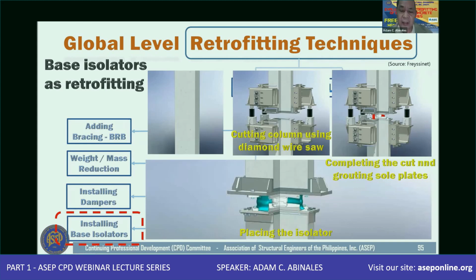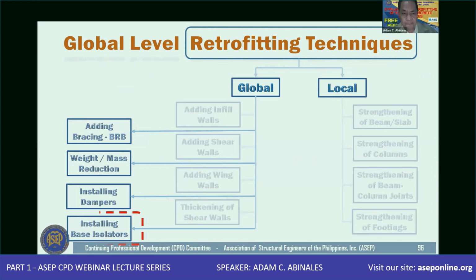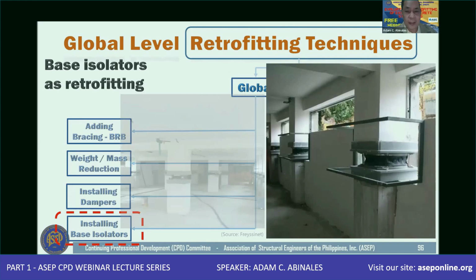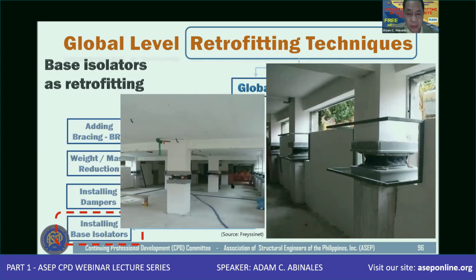I think there was one paper during the AIC last year in which a hospital in Turkey was retrofitted using base isolators. So as a retrofit, you can see these actual photos. This is how it looks when you have a column which is base isolated and the column is cut at this particular level. So you see, it can be done. It is not impossible.